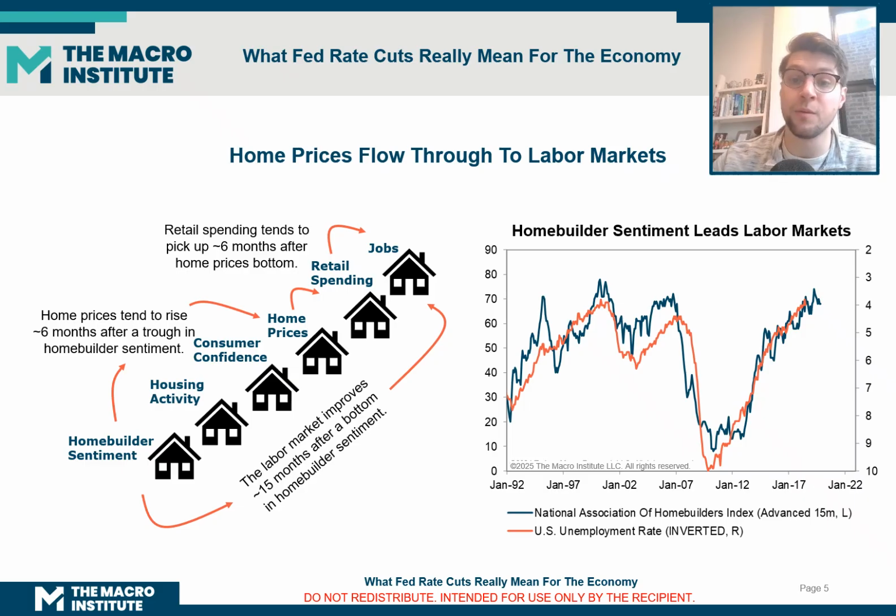Now, we already talked about the mortgage side. As more and more people are looking to buy homes because interest rates have made getting a mortgage a bit cheaper, what happens? The demand for houses increases, home prices rise. So besides the extra spending that you get via people moving, having to buy furniture and appliances that we talked about on the last slide, you also see an increase in retail spending given the wealth effect.